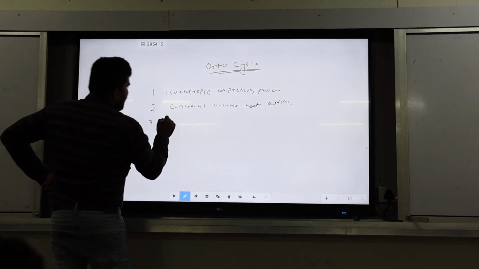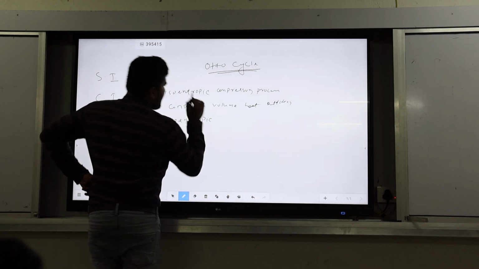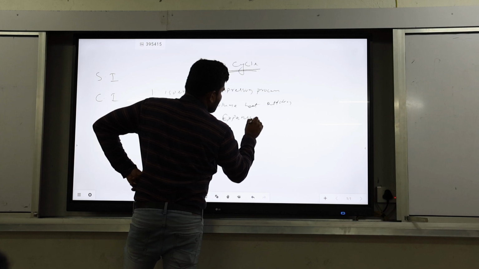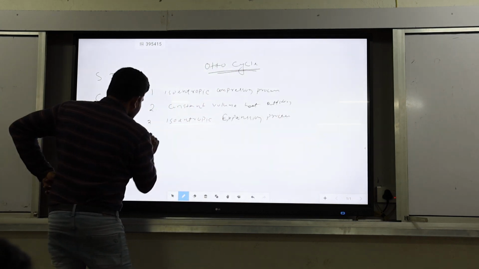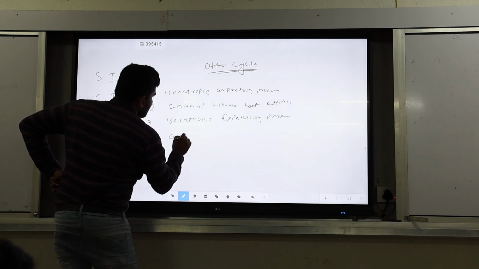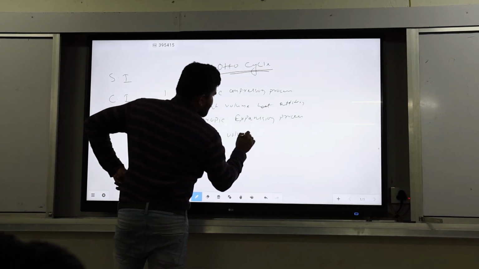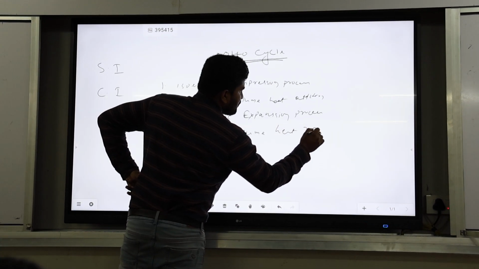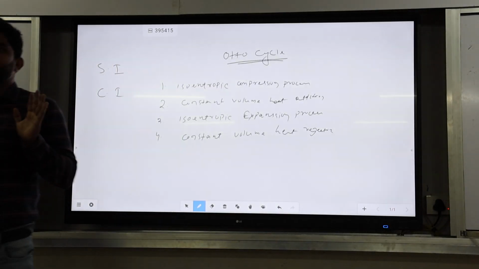Third one is isentropic expansion process. And the fourth one is constant volume heat rejection. Okay, so these are the four processes.